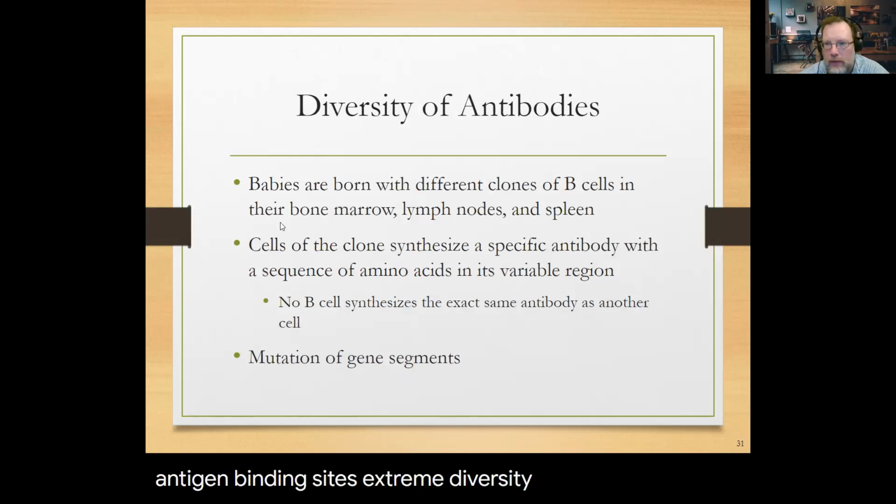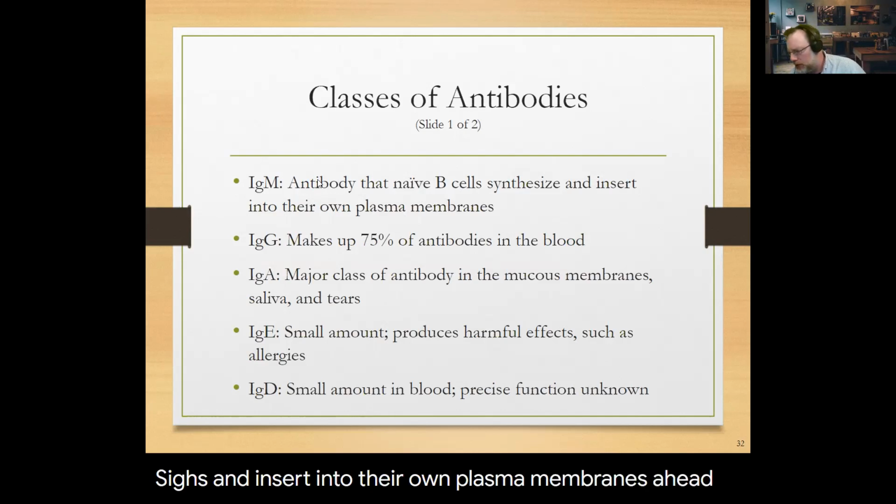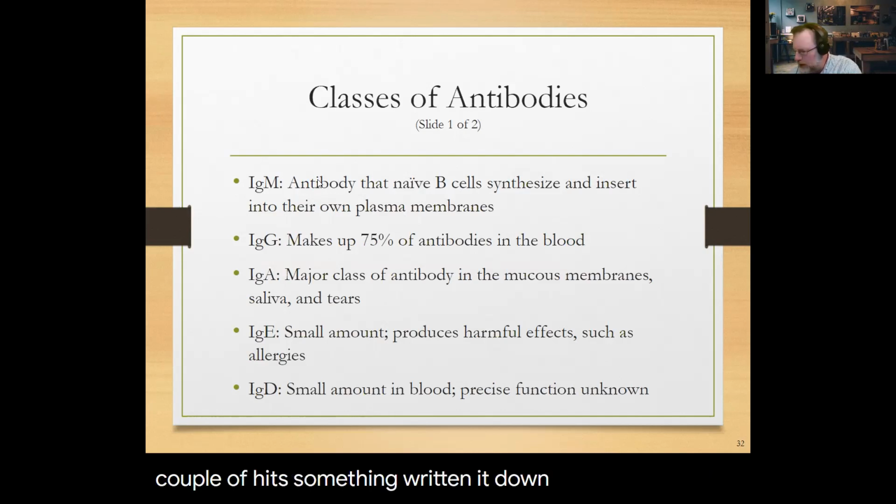Extreme diversity within our antibodies. We classify them now as immunoglobulins, which we abbreviate with Ig. So IgMs are going to synthesize and insert into their own plasma membranes. I had something written down here.